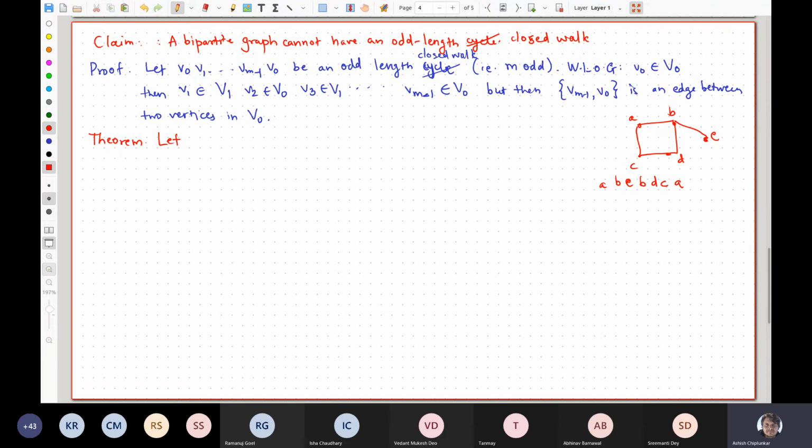Okay, Chinmay, your hand is up. I had some idea for the proof of this. Okay, first let's write down the statement. Let G = (V, E) be a connected graph. Let's make it explicit.